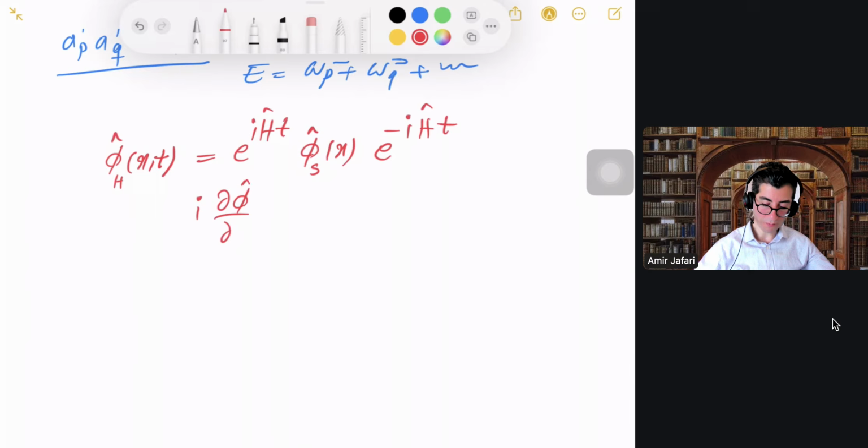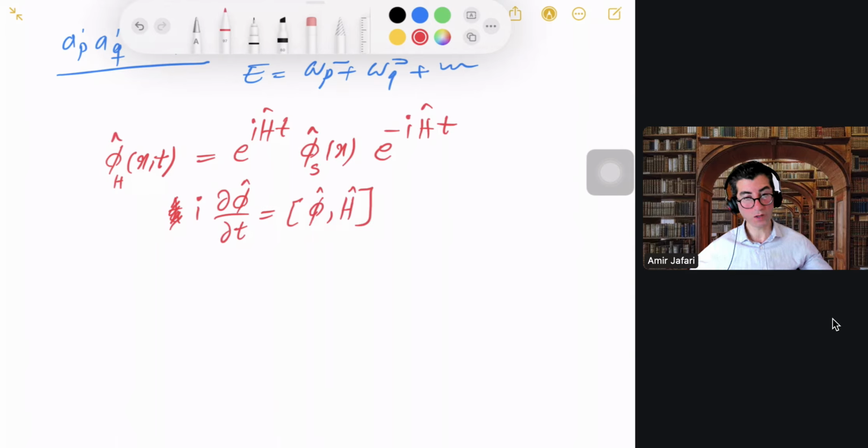For any operator, there is a constant h-bar here, but I'm not writing it because I'm working in natural units, remember. So this is Heisenberg's equation of motion, and this is the way we make our Schrödinger time-independent operators time-dependent.